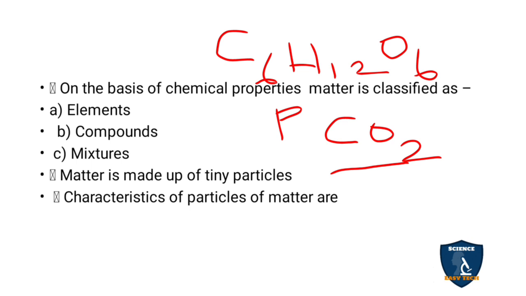Here I gave carbon and oxygen, which combine to form carbon dioxide, which is a compound. In the other example, we have carbon, hydrogen and oxygen: 6 carbon, 12 hydrogen and 6 oxygen. So it is more than a compound, it is in a mixture form. So based on chemical properties, matter is classified into elements, compounds and mixtures.